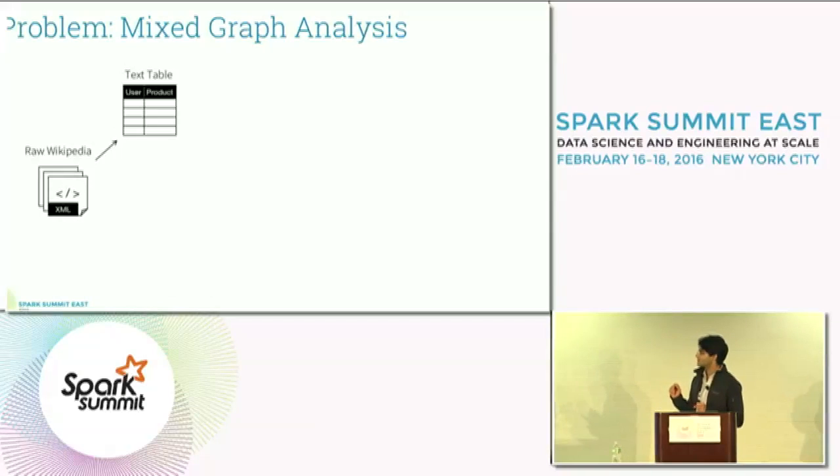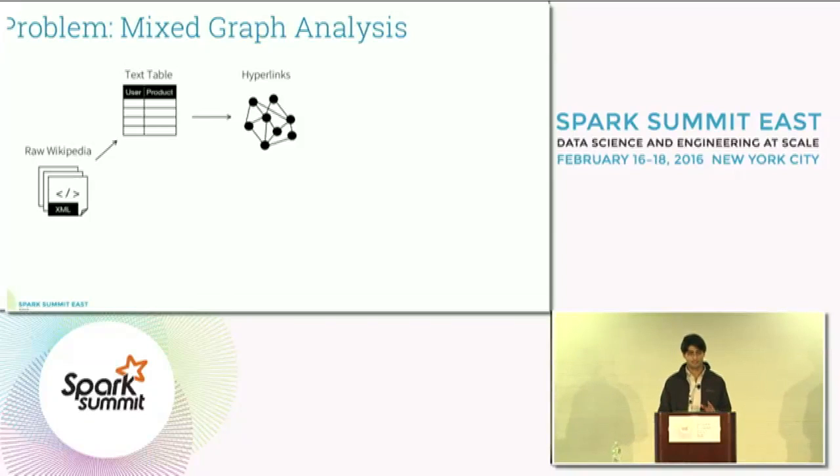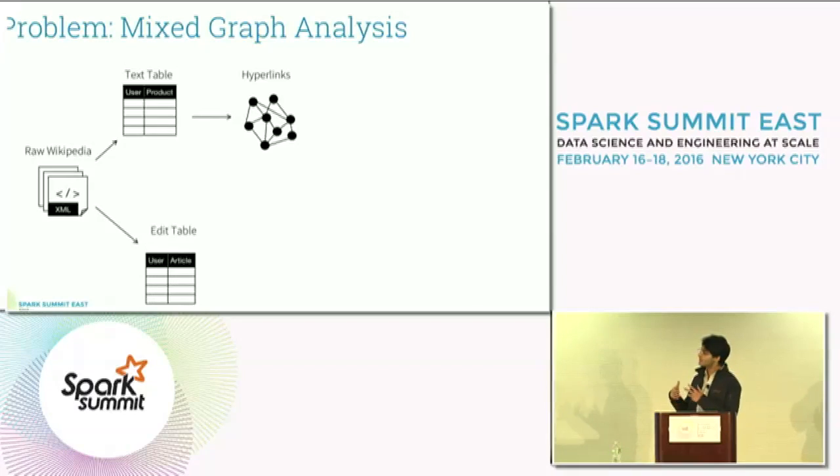So we want to extract the articles, and then turn this into a graph where, for each article, we've parsed the text of it and gotten the pages that each article links to. And then we could also take the same data, because these Wikipedia dumps have a lot of information, and take it out in a different way. In this case, we can get that same graph that I was talking about earlier, where each user is editing some article at some time. And so then, again, that forms this bipartite edit graph.